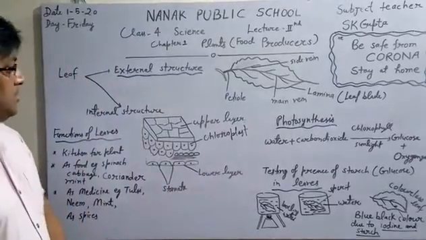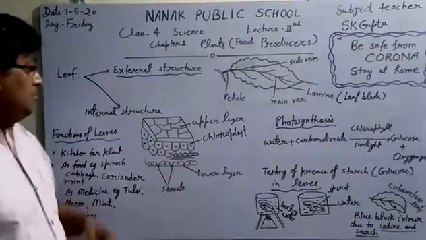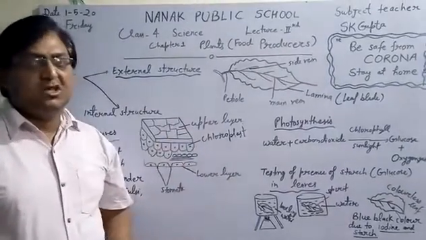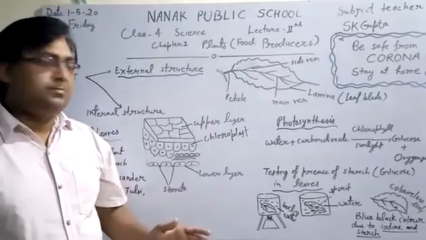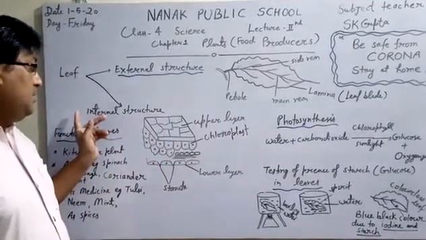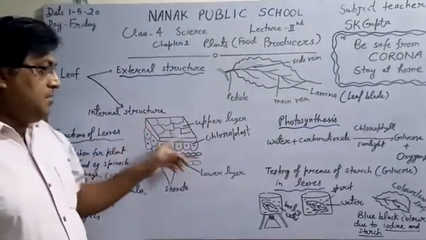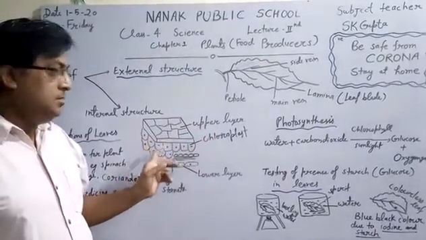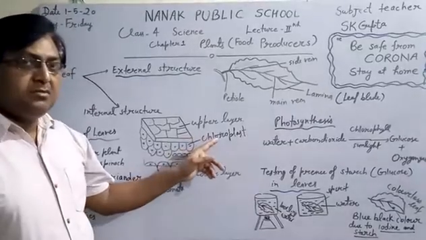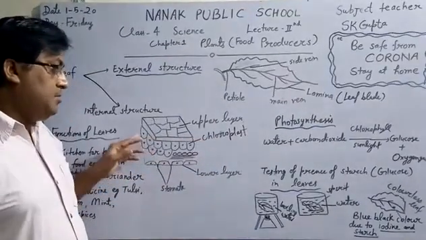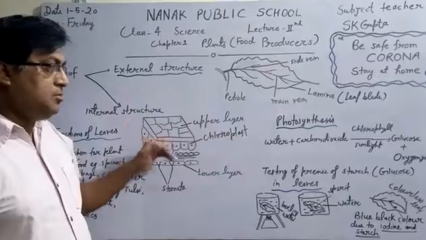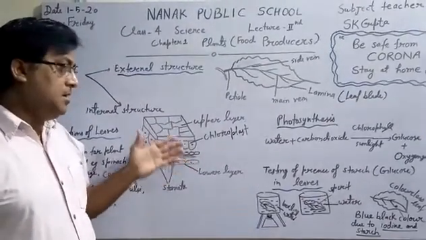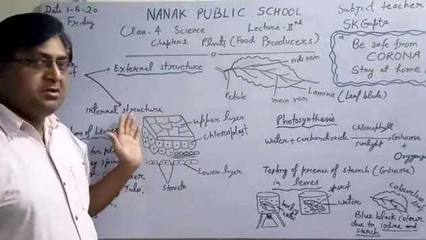We have to explain the internal structure of the leaf, which we can see only by microscope. In leaves, the upper layer contains chloroplast, which has chlorophyll. Due to the presence of chloroplast, it has chlorophyll, which provides it green color.